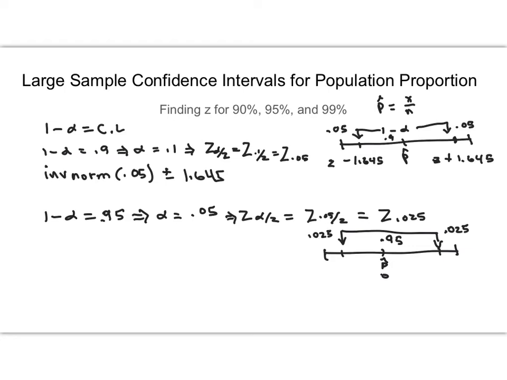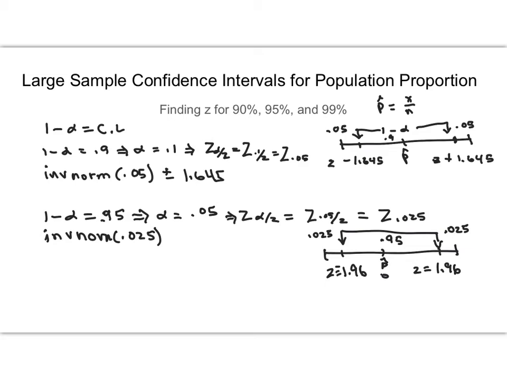The z-scores that bound that we would find using inverse norm again, 0.025, which is going to be close to 2, but not quite. It's negative 1.96, and over here z is positive 1.96.